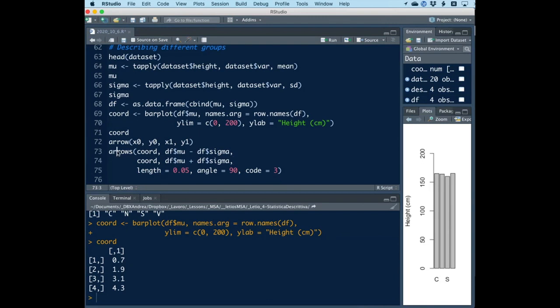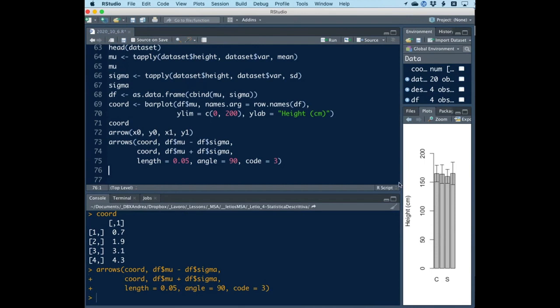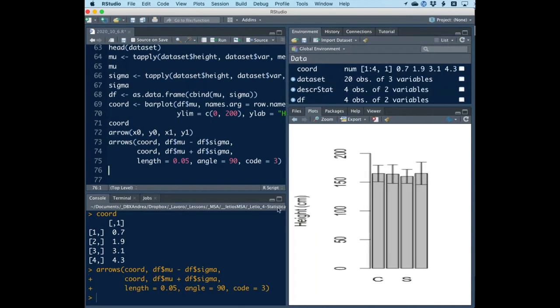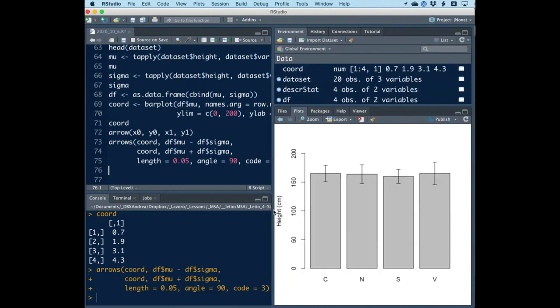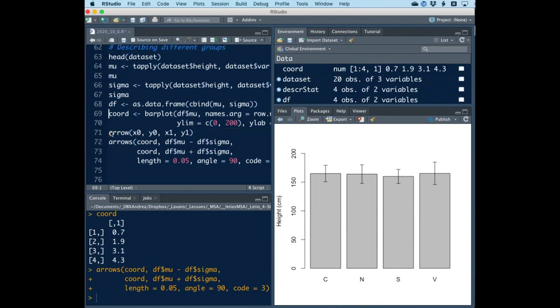So what comes out is this. And that is exactly what we are looking for. So I'm passing you the whole code to draw. Let me clean it.